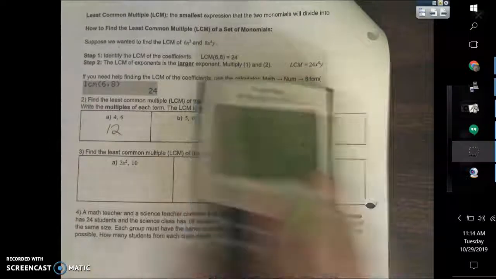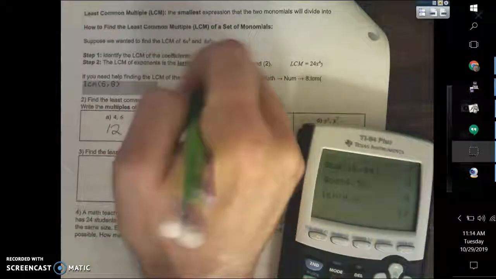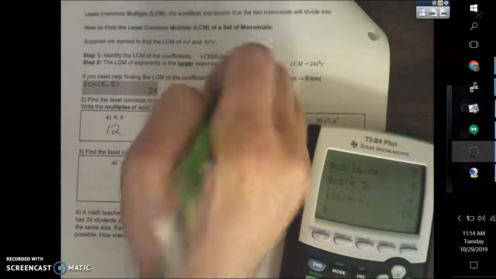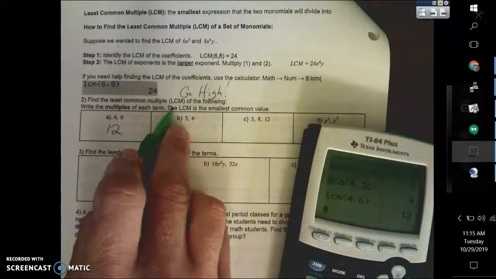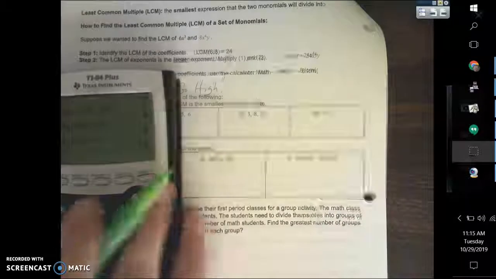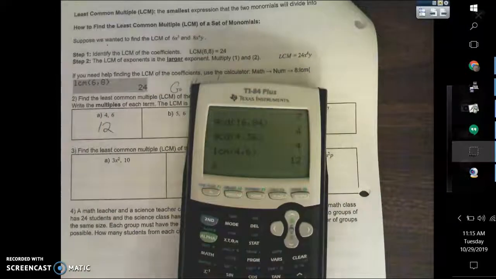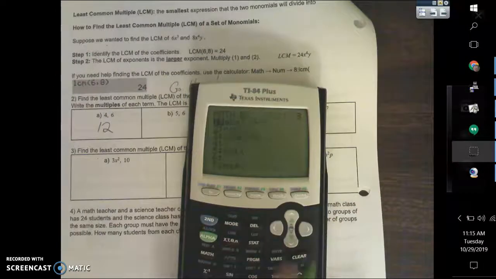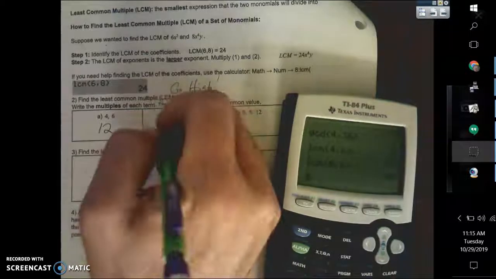It's what number can they both multiply to get to? 12. So LCM, we go high, which I know can be a little confusing because with least, you would think the opposite, but you're actually going high. Between 5 and 6, math, LCM, 5, comma 6. There's 30.